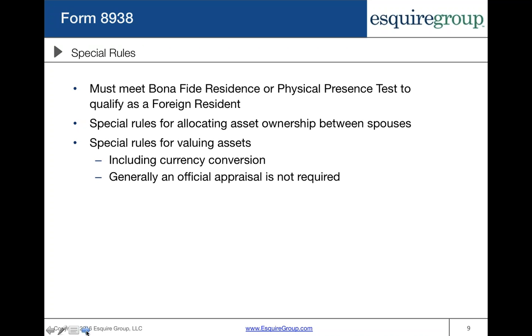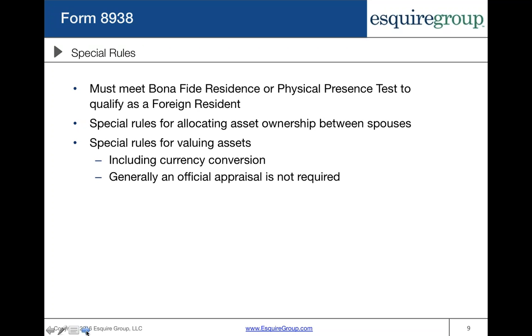Now, the physical presence test is a little bit different. The physical presence test says that you have to be present in a foreign country for 330 days in a 12-month period. So essentially, if we use the same example, you move abroad on January 15th of 2015, and now in May of 2016, you are still living abroad, then we would have to look at how many days you were present in a foreign country.